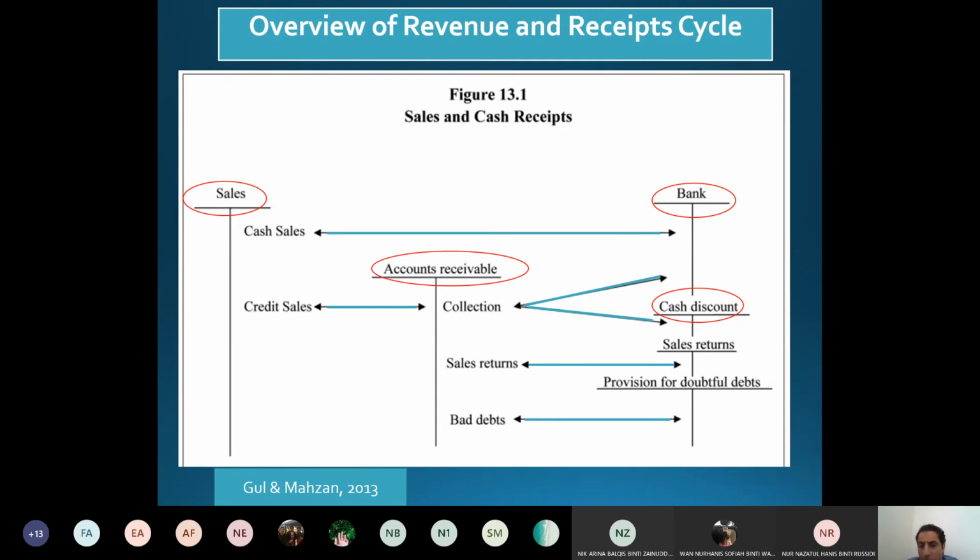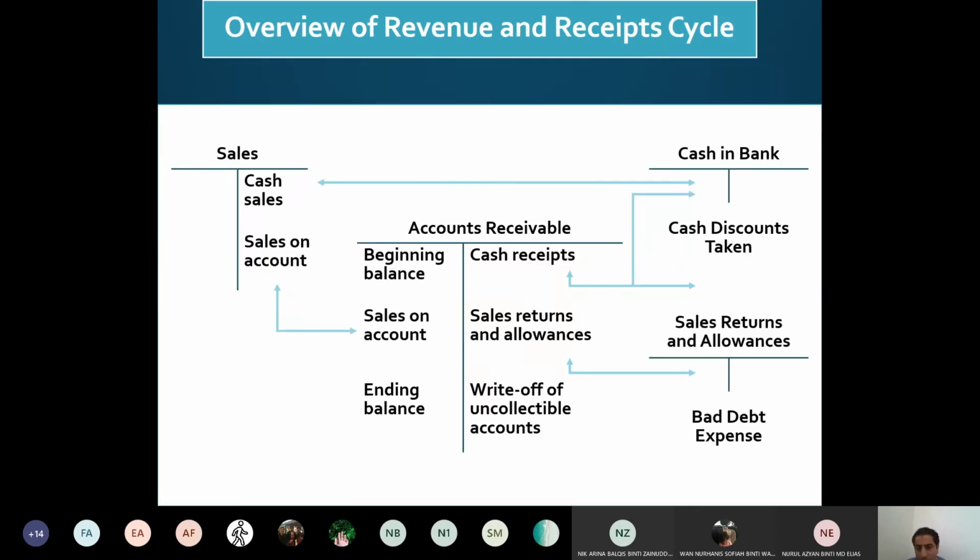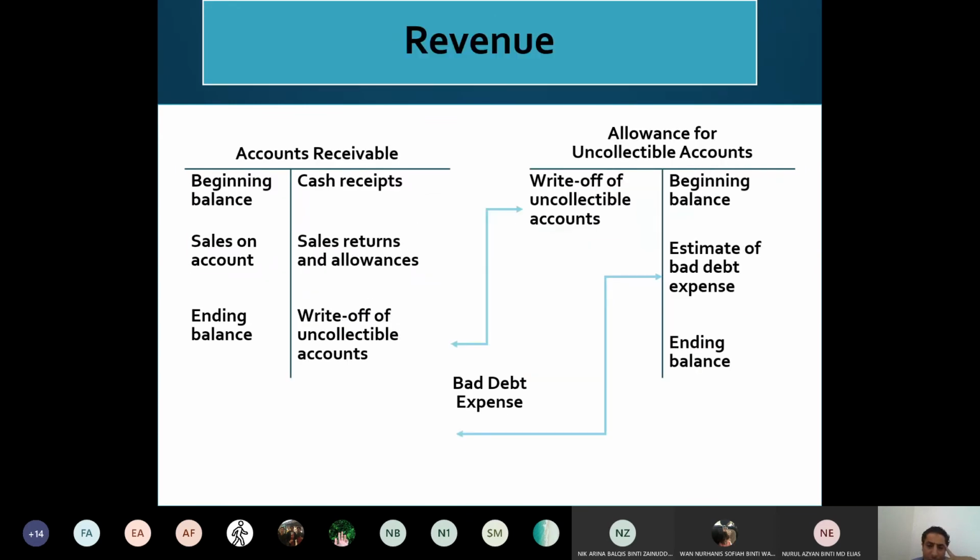And then we have other recordings in case we give a cash discount, or when we have sales returns, and when we have bad debt. All of these will affect the credit side of the account receivable. Okay, so this is in more detail, but it carries the same concept.